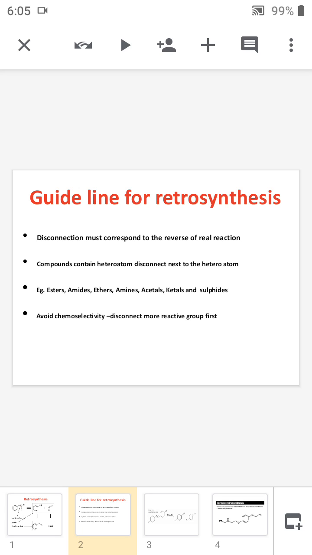That's why we have to protect some of these groups, or we have to convert some of the functional groups into other least reactive functional groups. So that's why we have to avoid chemoselectivity problems while we are doing the retrosynthetic analysis. Or the easy method is disconnecting the more reactive group first. These are the guidelines for doing the retrosynthetic analysis of a target molecule.